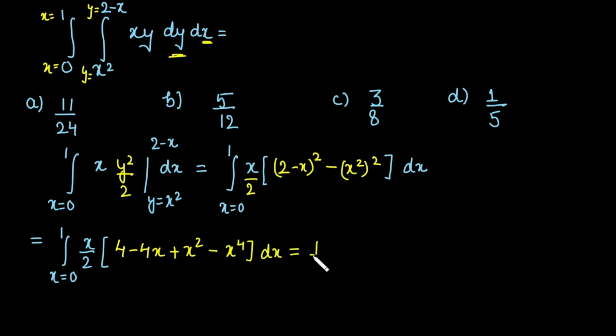This is equal to 1 by 2 outside. Now this is 4 into x. x की इंटीग्रेशन क्या आएगी? x square by 2. So 4 into x square by 2.